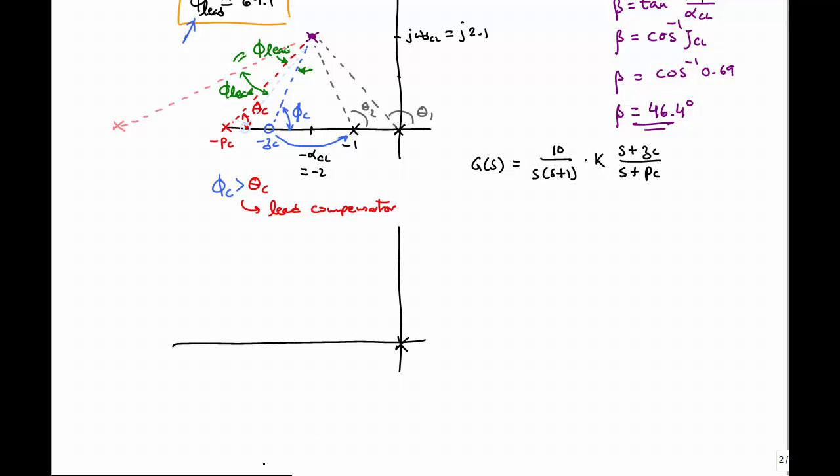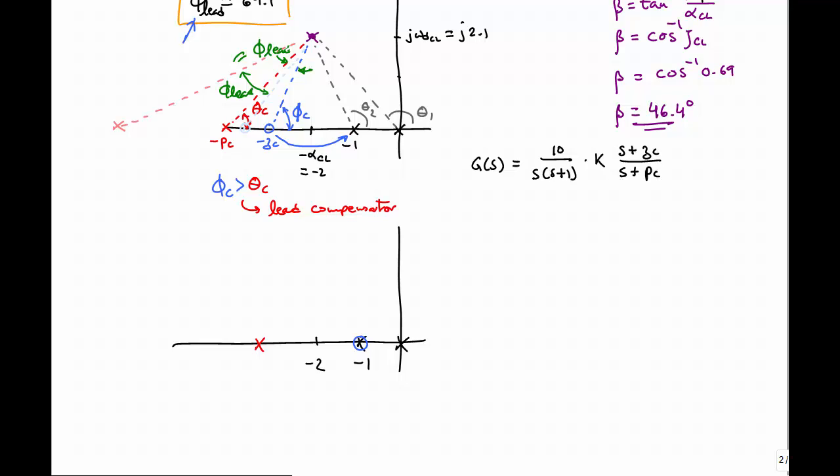So we have a pole at 0, a pole at -1, and we're going to put the compensating zero at -1, and then we will put the pole out further, somewhere out here.